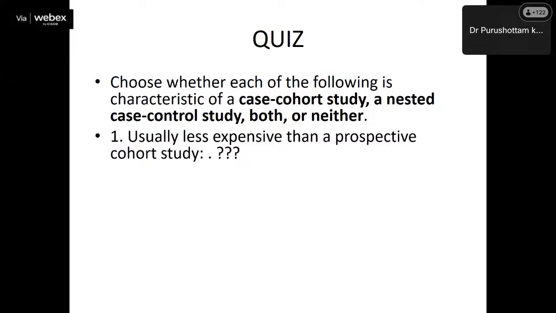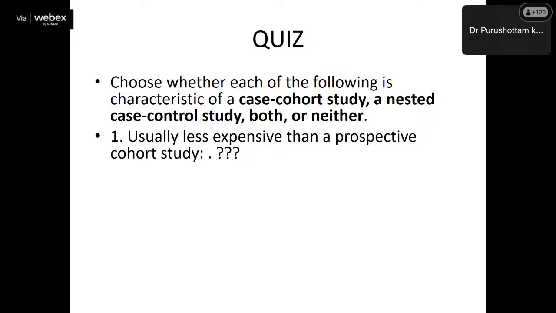First question: it is usually less expensive than the prospective cohort study. What is the answer?